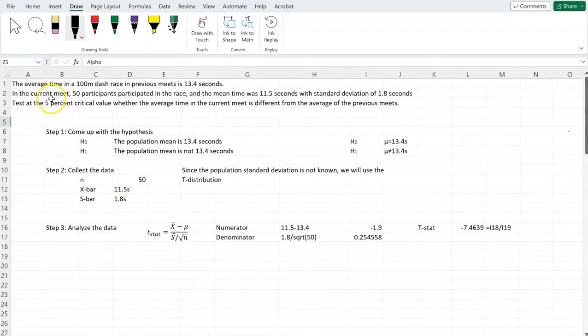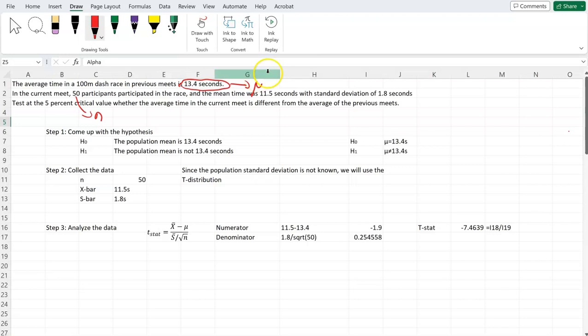Let's say that the average time for a 100-meter dash is 13.4 seconds. This value is our mu. But in the current meet, there were 50 participants, so this is my sample. The mean time was 11.5 seconds, and the standard deviation is 1.8 seconds.